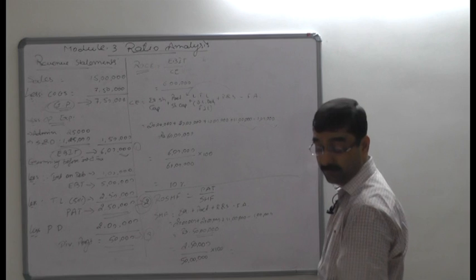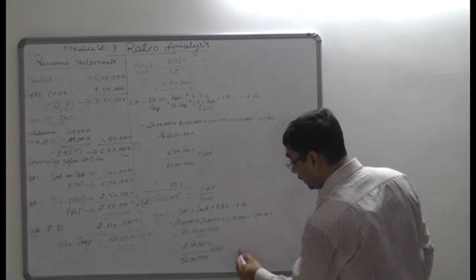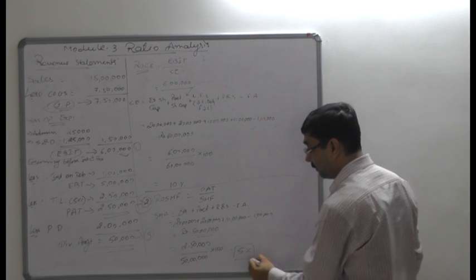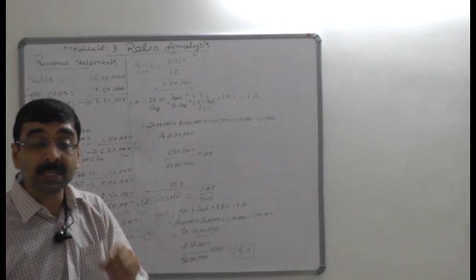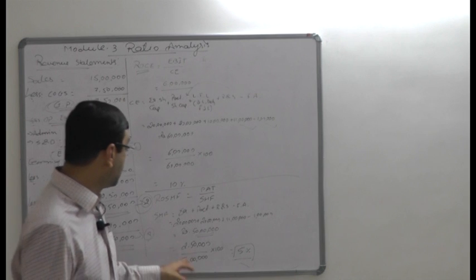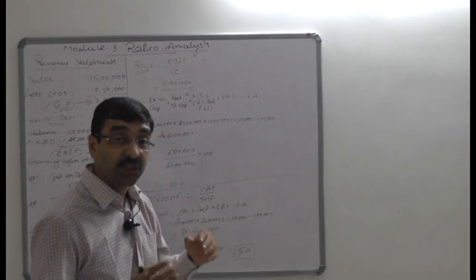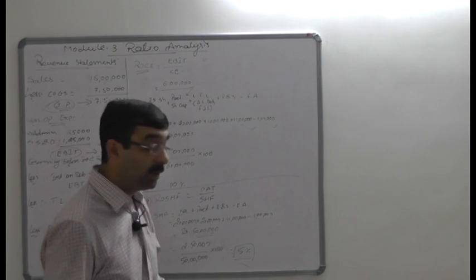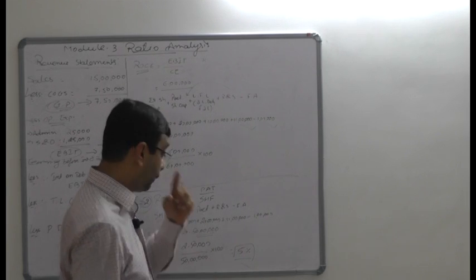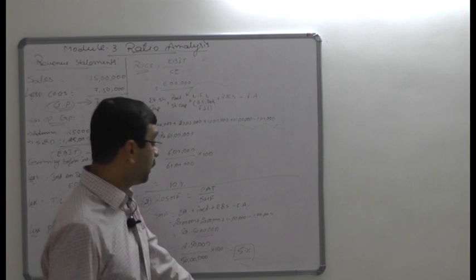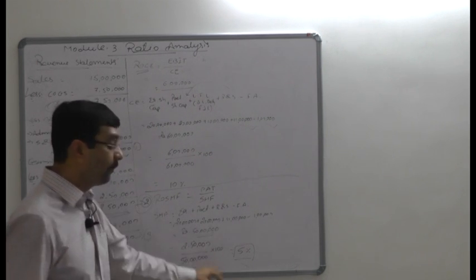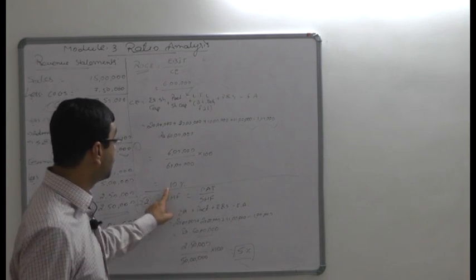If you divide, the answer is 5%. A 5% return on the investments made by the promoters. That means the investments made by the shareholders, including plowing back of profit in reserves and surplus, only give a 5% return. So the ROI so far as this segment is concerned is only 5%, and this is 10%.